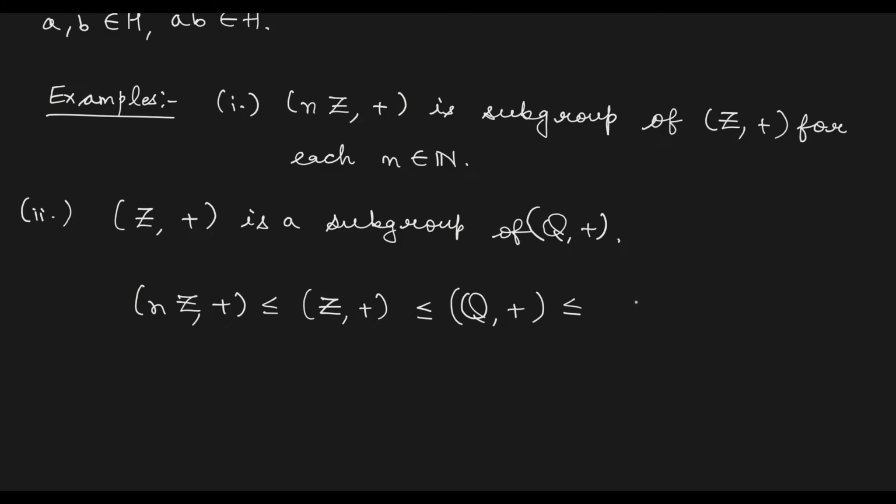Rationals are subgroup of real numbers with respect to plus operation. Real numbers are subgroup of complex numbers.